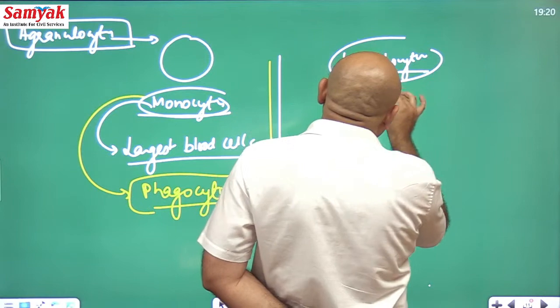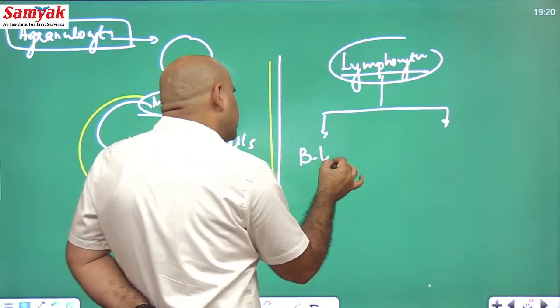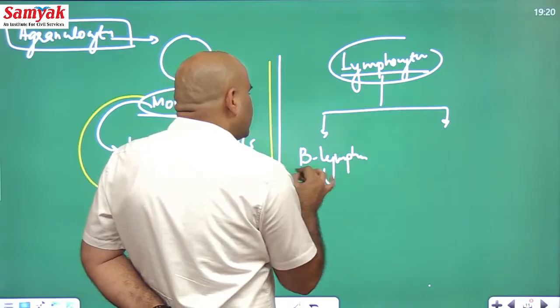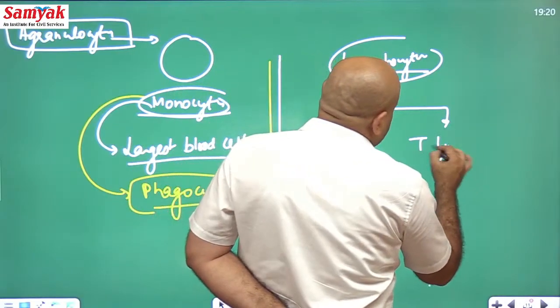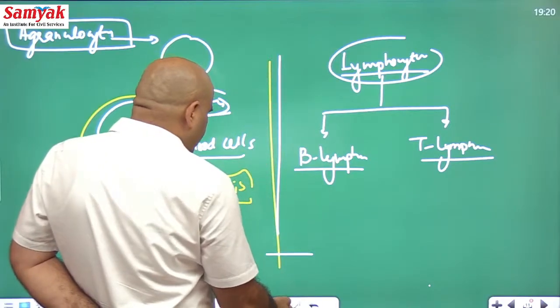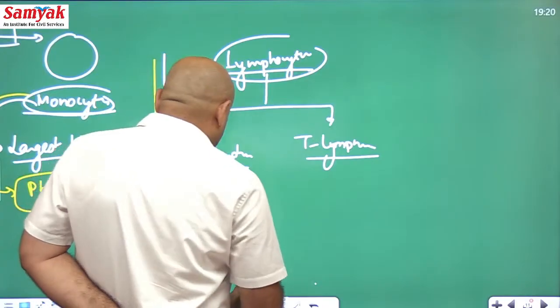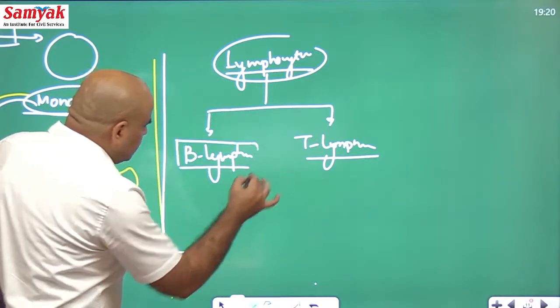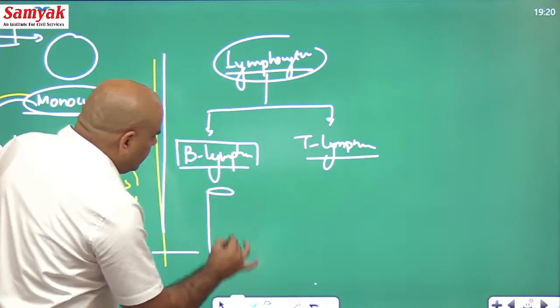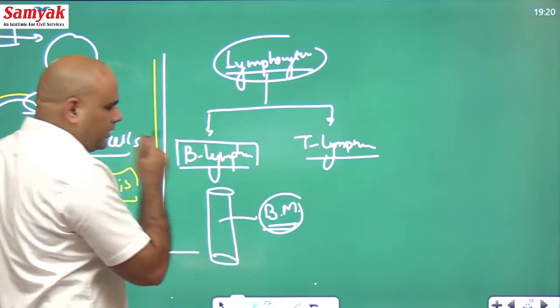And you have to remember and retain that there are two types of lymphocytes. One is B lymphocytes, another one is T lymphocytes. Now, whenever you are talking about B lymphocytes, you have to remember B stands for bone marrow. Now, these cells are produced and matured by bone marrow itself.